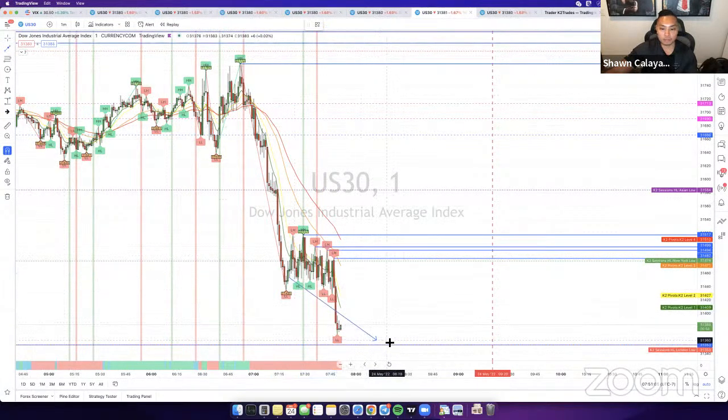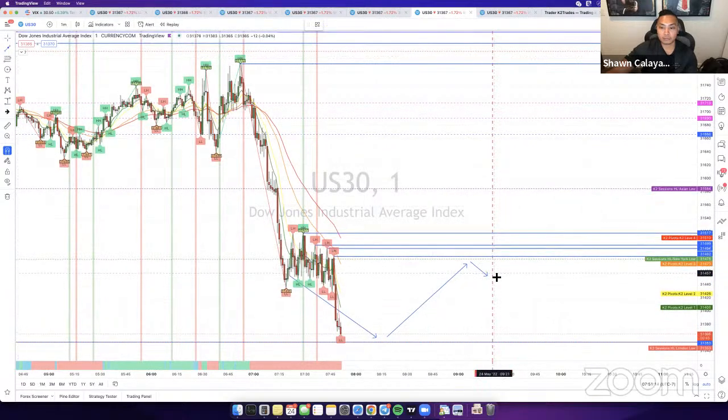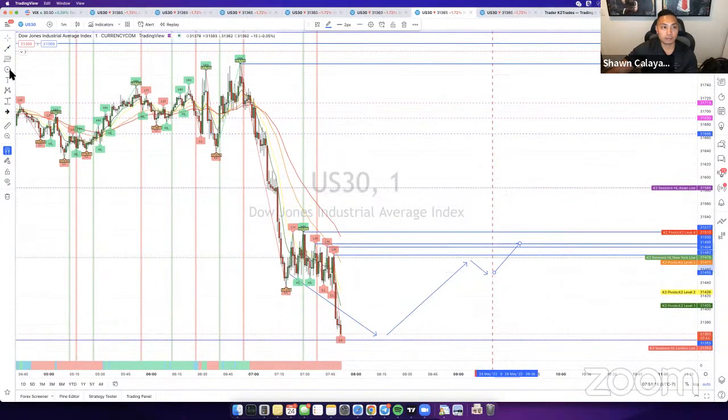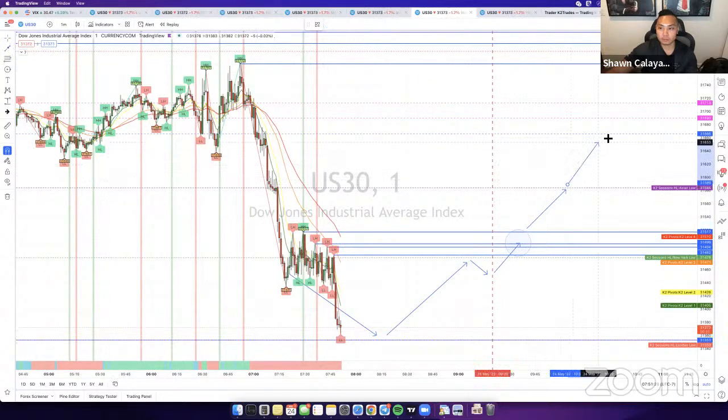It'll probably bounce off it, come up here, bounce off this slightly, go back for the retest, hit liquidity, and push up higher from there. That's kind of what I see happening later today.